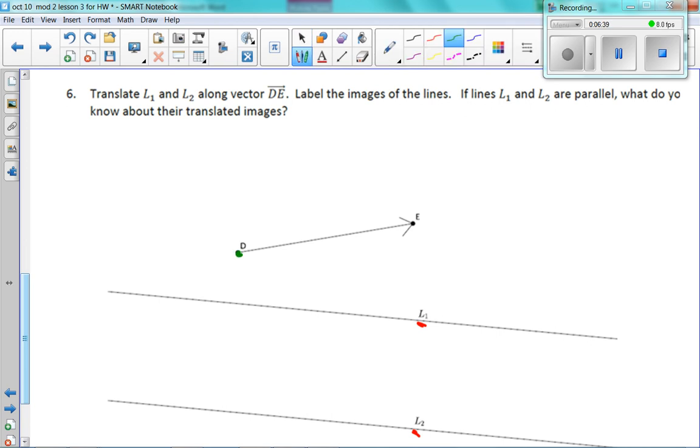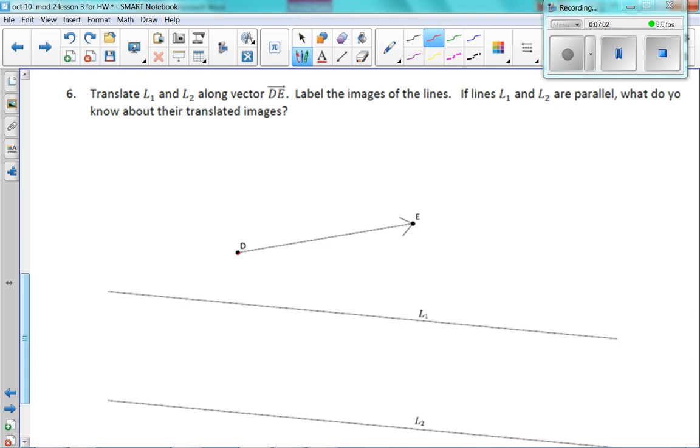Here's vector DE, and it starts here, and it's heading up to the right for a certain amount of distance. So if lines L1 and L2 are parallel, what do you know about their translated images?